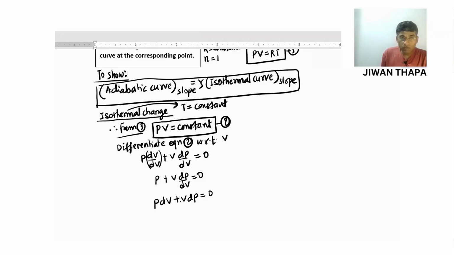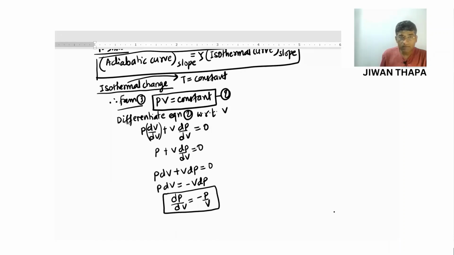Now from this equation, we can write P dV equals minus V dP. So let us find dP by dV. So this equals minus P by V. So we have this, clear?